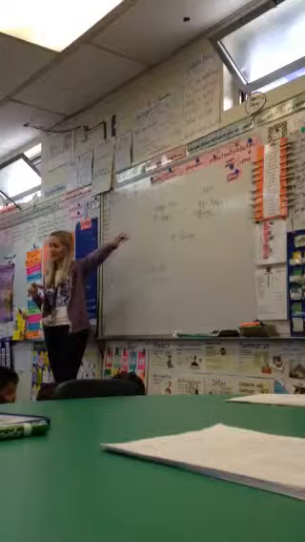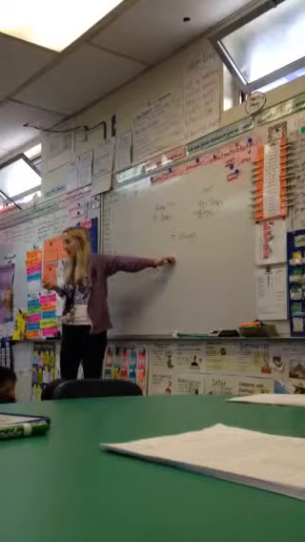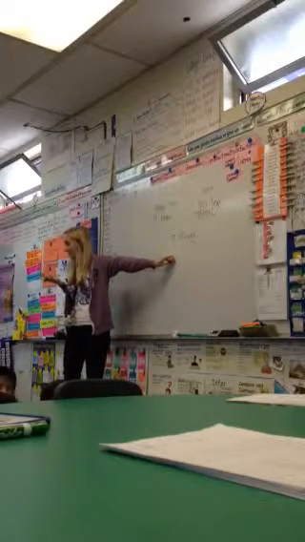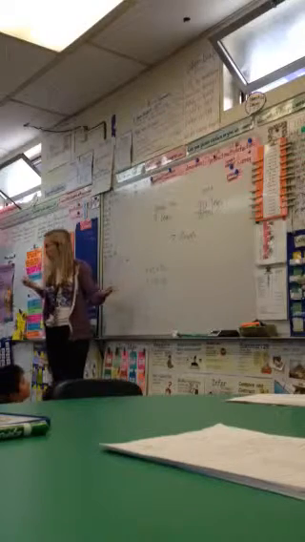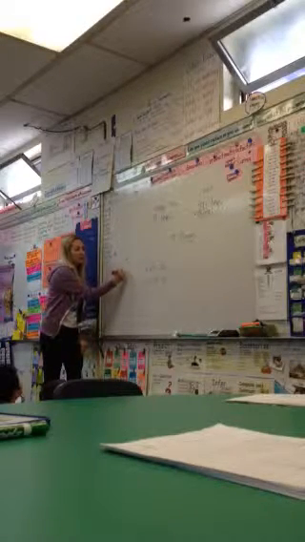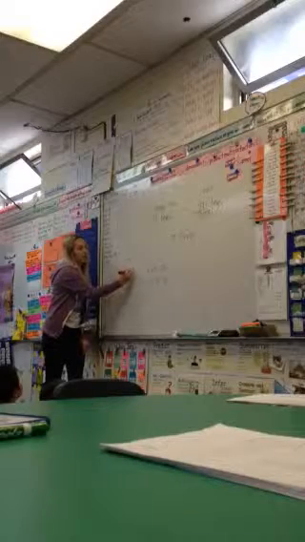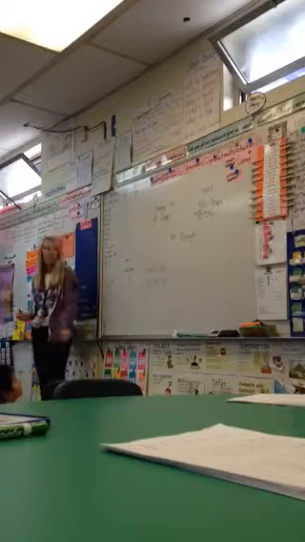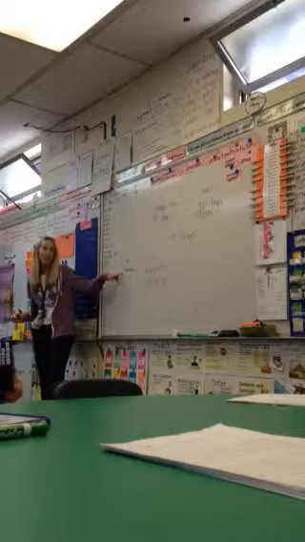We already knew the total number of legs, but we didn't know how many frogs that made. So, scholars, today we're going to be working on understanding division as splitting into equal groups, and we're going to be talking about how division is the inverse of multiplication. That's just a fancy word for the opposite.